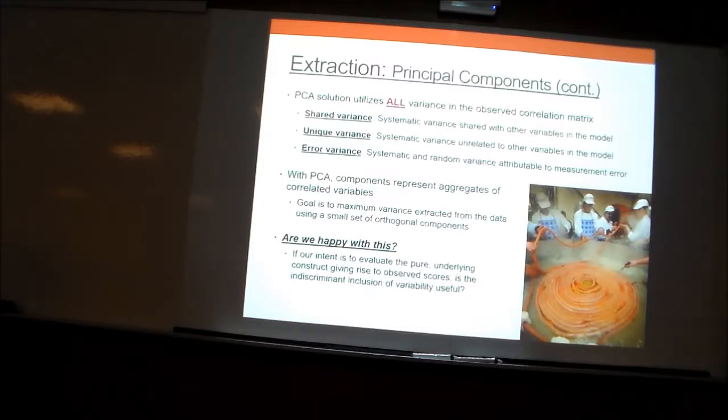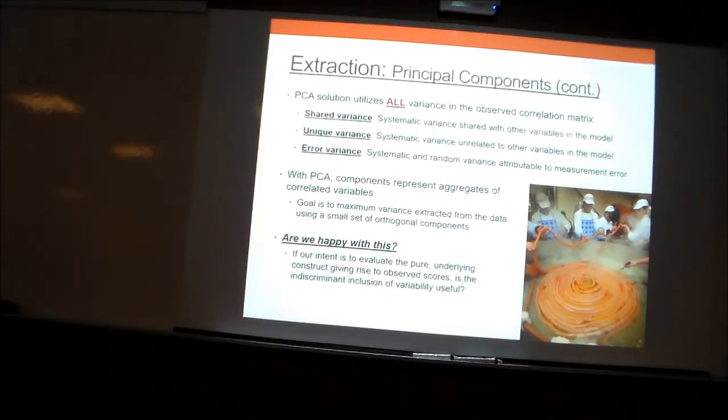But the problem is, right, are we happy with just scooping up all variability in our data set? Because oftentimes, from a psychological perspective, we're interested in refining down to pure underlying constructs. What are the common constructs that give drive to associations among these individual variables?